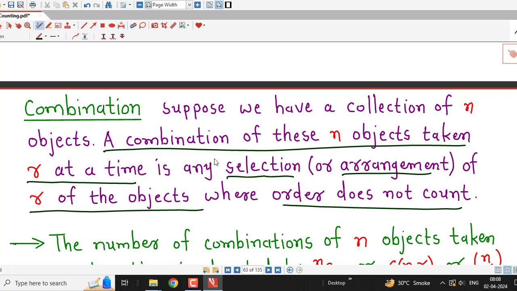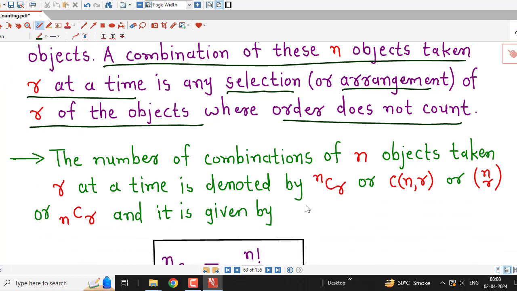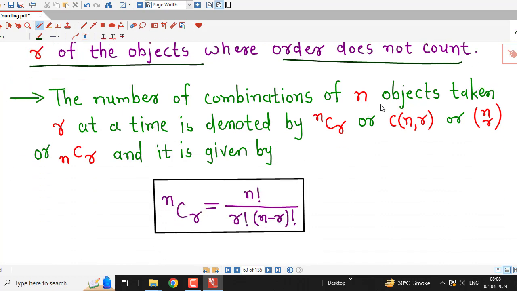So a combination is also one type of arrangement or selection in which order does not matter. As I discussed, the number of combinations of n objects taken r at a time is denoted by different notations, nCr or C(n,r). Some authors use these different notations, and this is the formula for nCr.